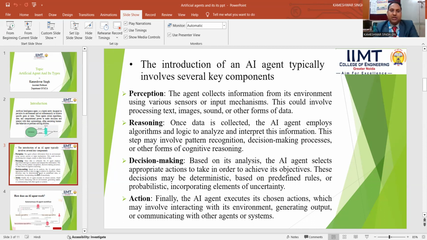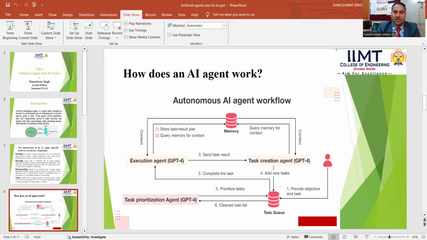Now we are going to discuss how artificial intelligence works and what the framework of artificial intelligence is. Here is shown how an artificial intelligence works, the autonomous AI agent flow diagram.